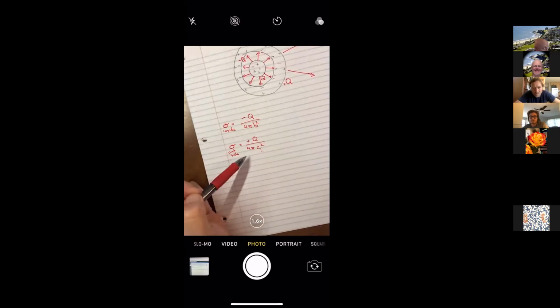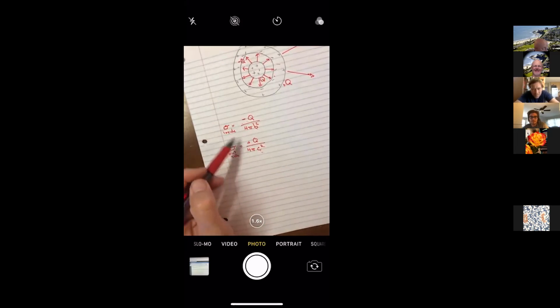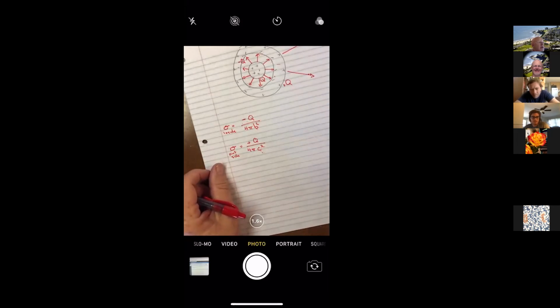And so what's different about these charge densities is, number one, and the big one, is the sign. Inside is negative, outside is positive. But another little subtlety is they have different radii. So it's not a volume, even though it's a sphere. No. Where the charge is on the surface. And the problem even says the induced charge per unit area.